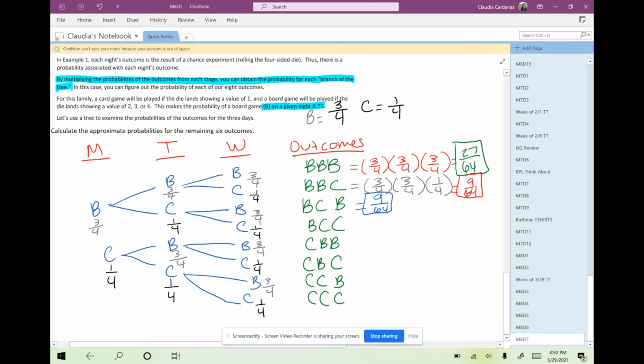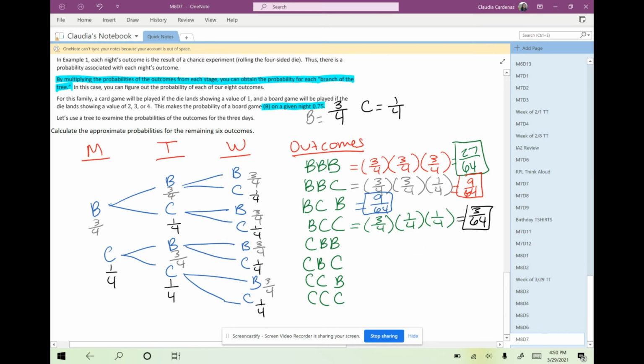And now if I look at the one below, this has 1 board game and 2 card games. And so we haven't multiplied 3/4 times 1/4 times 1/4 yet. So let's go ahead and do that. I see that this is 3/16 times 1/4 would get us 3/64. So this is a slightly different probability than what we've had so far.